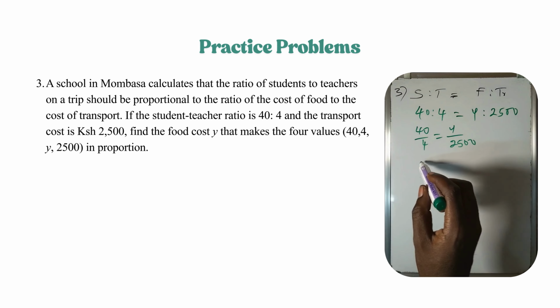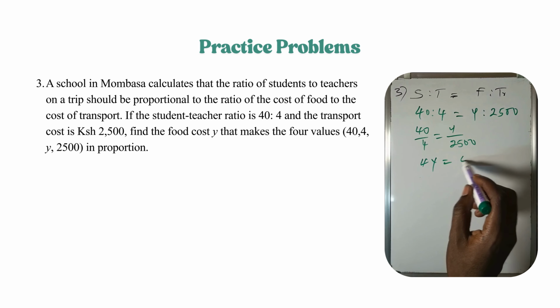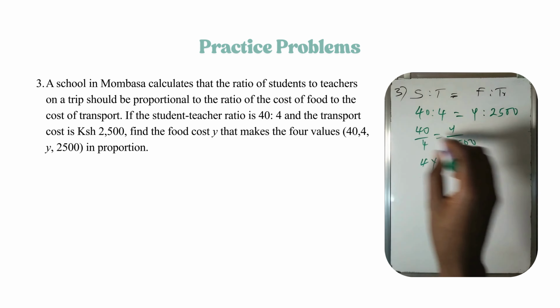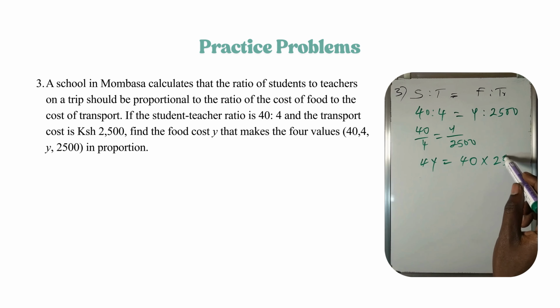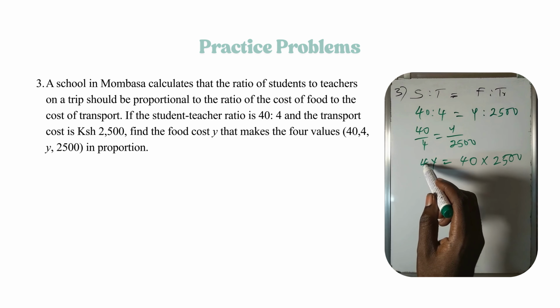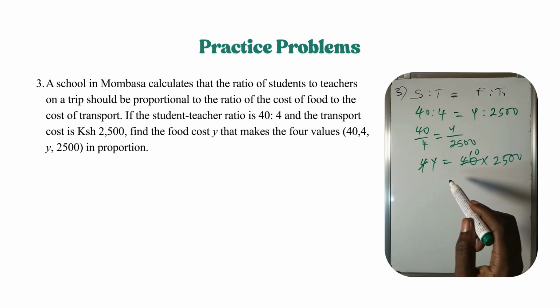So we cross multiply 4 times Y. We have 4Y equals 40 times 2,500. Here we can eliminate 4 to have Y. So 4 here is 1 and 4 here is 10.